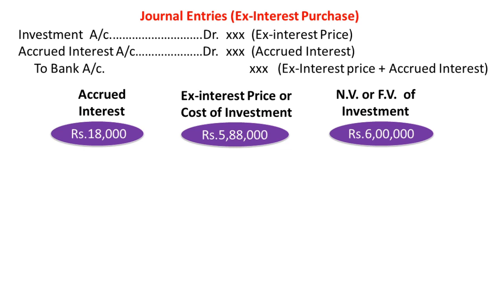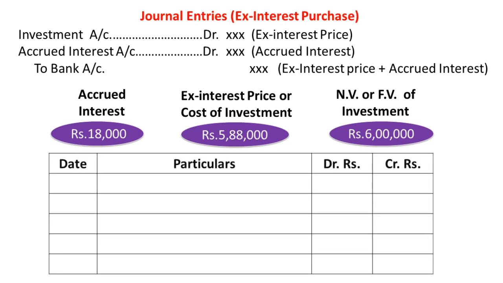Now we will write it in a journal book. We have purchased government bonds on 1st April 2020. So government bond comes in: 12% government bonds account debit with ex interest price. Here the ex interest price is 5,88,000.